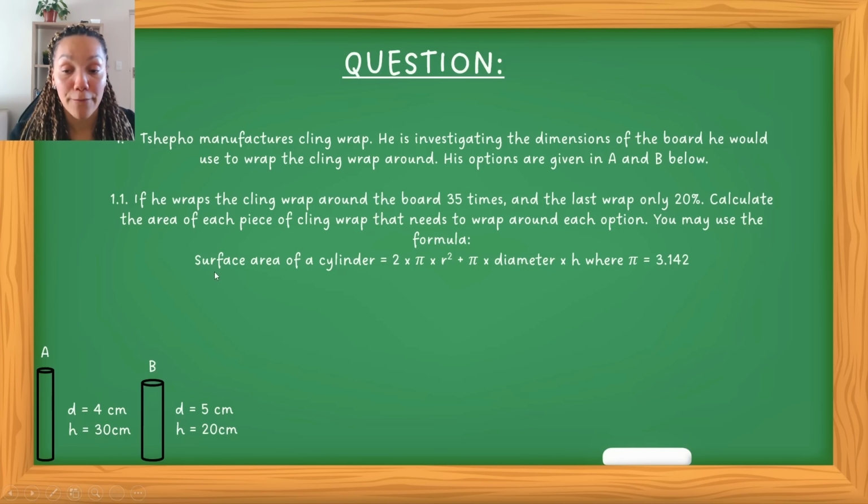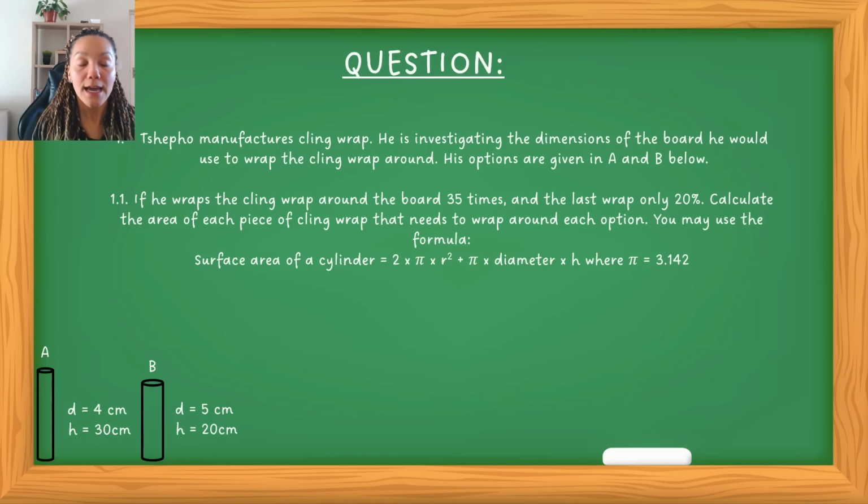The formula they give you here says the surface area of a cylinder is 2 times pi times radius squared plus pi times diameter times height, where pi is 3.142. Now, they like to do this in an exam situation, so take note here. We are only interested in where we're going to be wrapping the cling wrap around. So we essentially are only interested in the rectangle aspect of this cylinder.